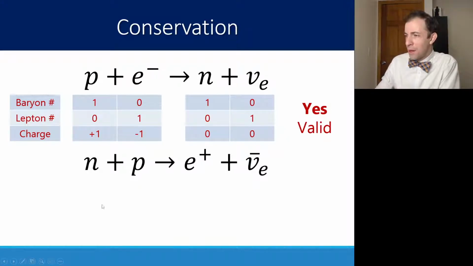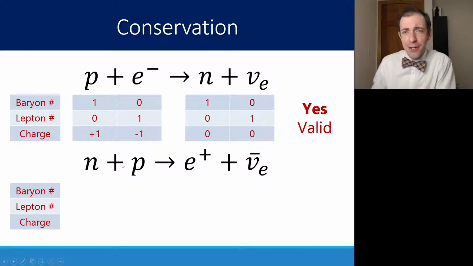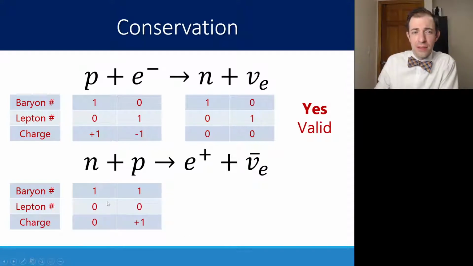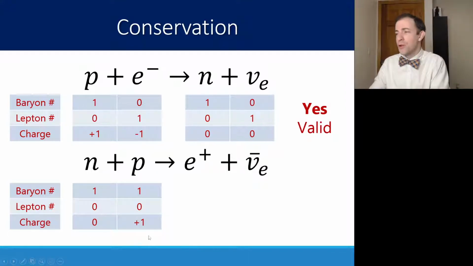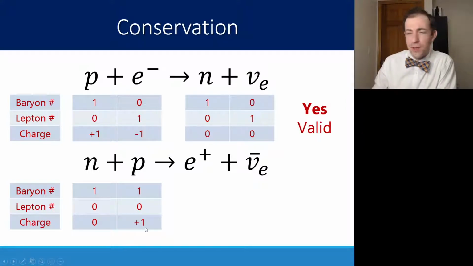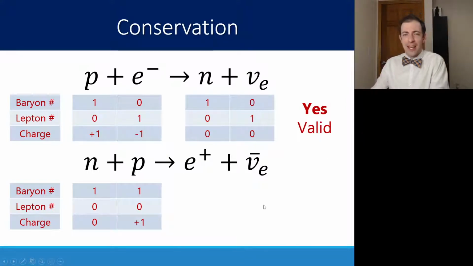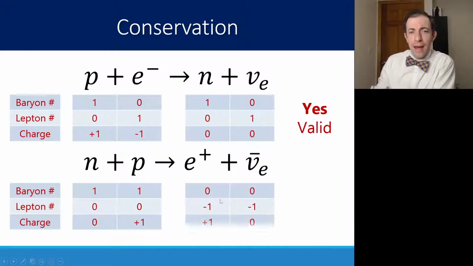Now, if I look at this one down below, I've got a neutron and a proton. Those are both baryons, and not leptons. So baryon number 1 and 1. Lepton number is 0 and 0. And then the charge is neutral for the neutron and +1 for the proton. All right, I'm going to look over on the right-hand side. I've got a positron, which is an anti-electron, and an antineutrino. That means their baryon number is 0 for both of them. There are no quarks. Their lepton number is -1 because they are both antileptons.